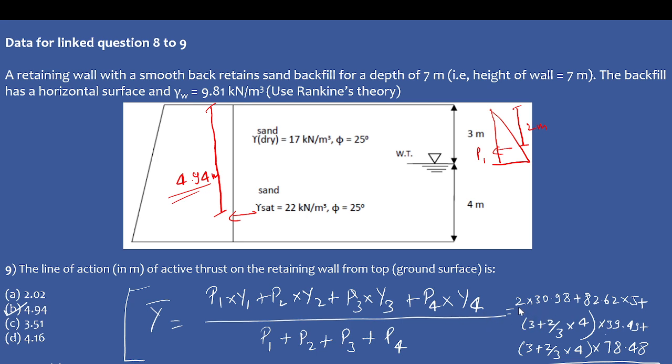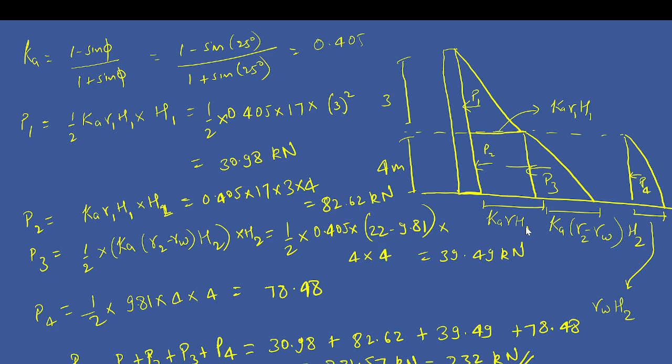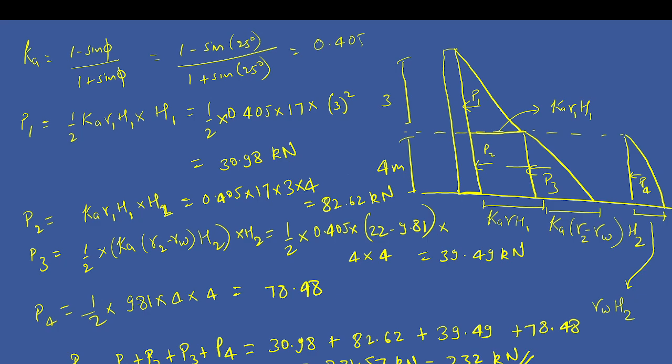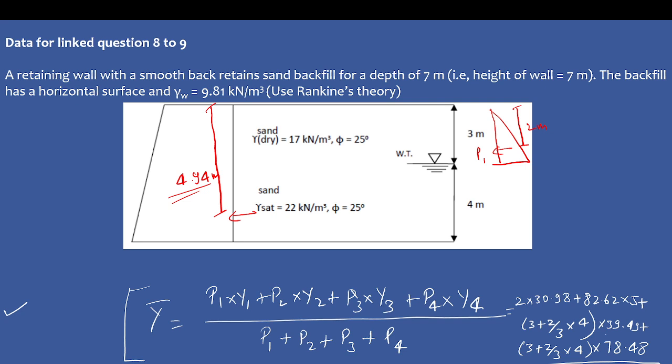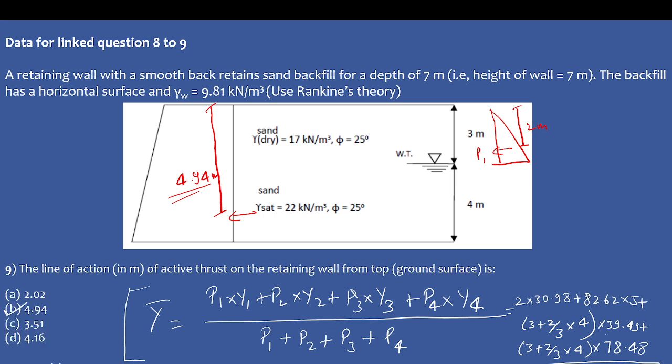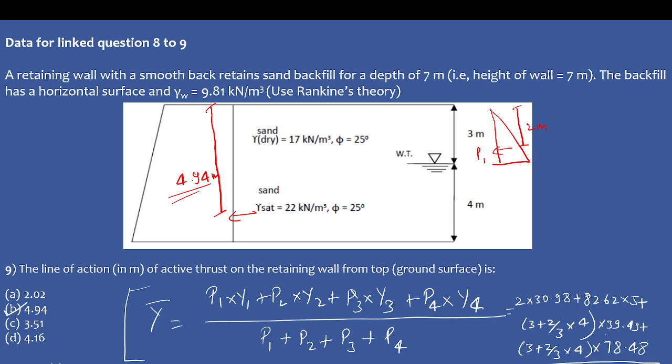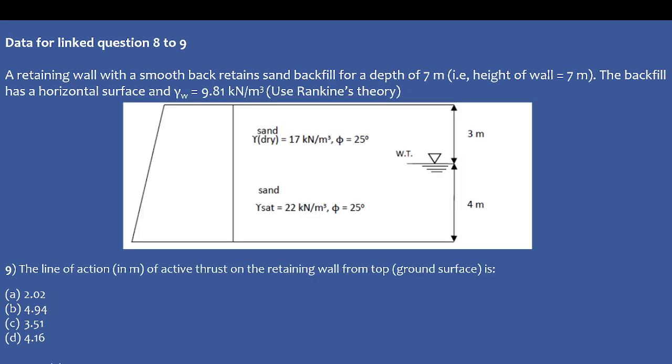Here we have taken 2 into 30.98, then 3 plus 2 by 3. Again we are considering from the top, 3 plus 2 by 3 by 4. So these are the total forces, P1 plus P2 plus P3 plus P4. So the correct answer is option B, 4.9. So moving to the next question.